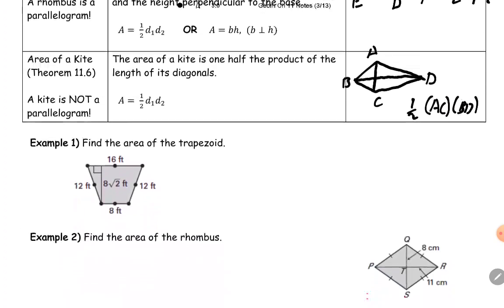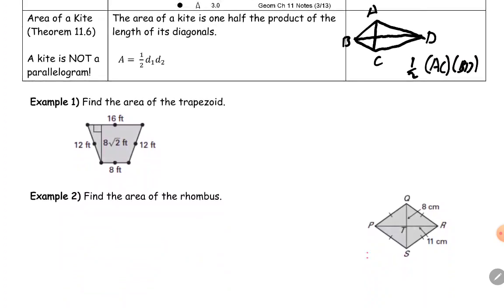Alright, let's do some examples. Find the area of the trapezoid. Remember, area of a trapezoid is 1/2 base 1 plus base 2 times height. So area is 1/2 base 1, and it doesn't matter which one's base 1, base 2. It's either the 8 or the 16. We'll be adding them together.